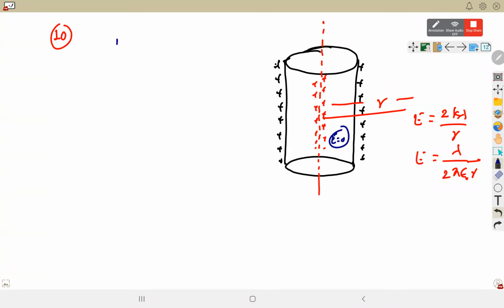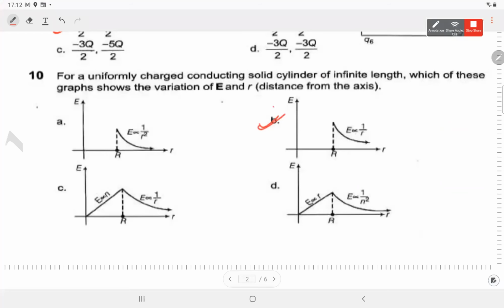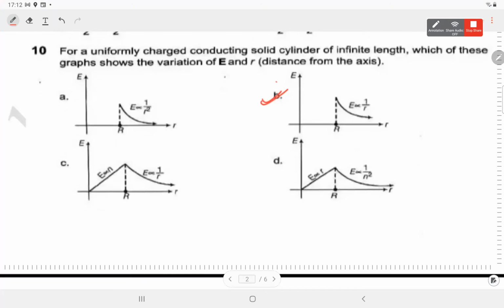So inside it is 0 and outside it is inversely proportional to r, 2k lambda by r. So the answer is 0 and then inversely proportional to r. Answer is B. Right. Question number 11.